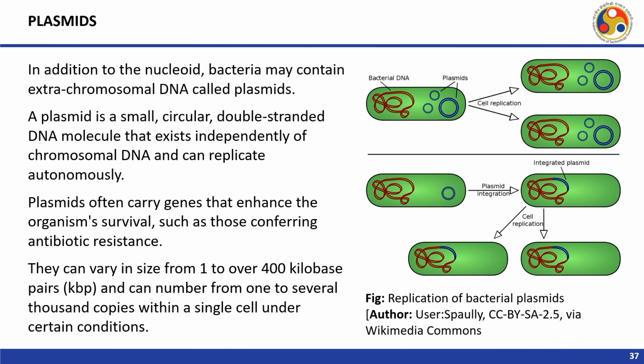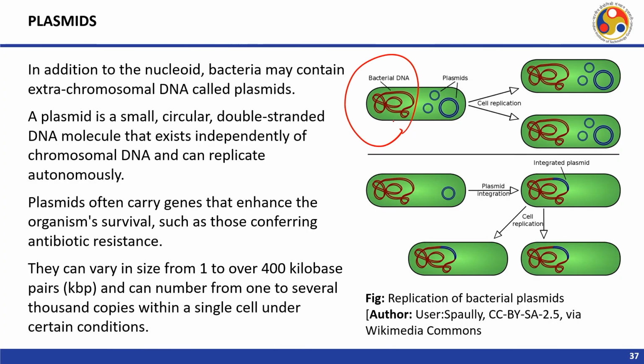There is another type of genetic material or nucleic acid inside the bacterial cell known as plasmids. This is in addition to the nucleoid, and these are known as extrachromosomal DNA. Plasmids are small circular double stranded DNA molecules that exist independently of chromosomal DNA and can replicate autonomously.